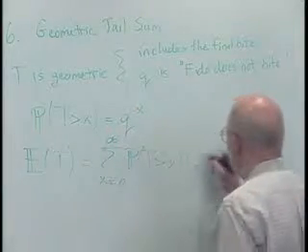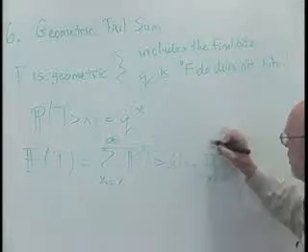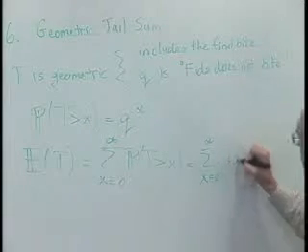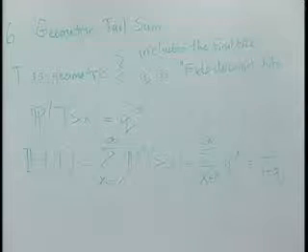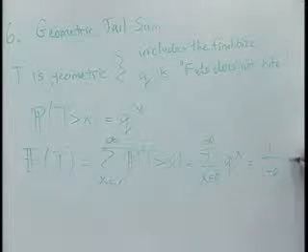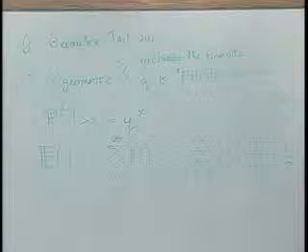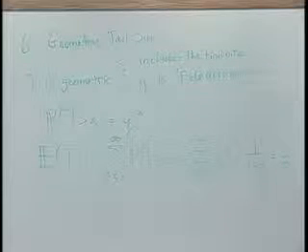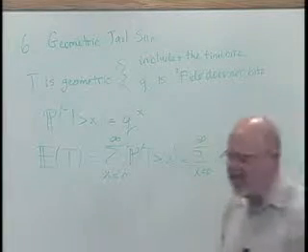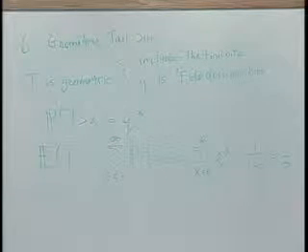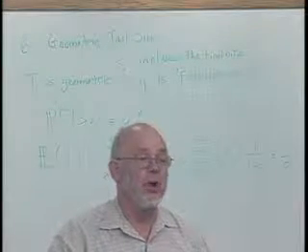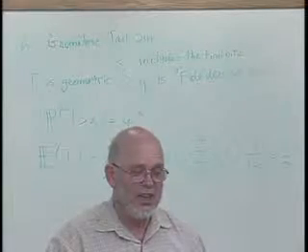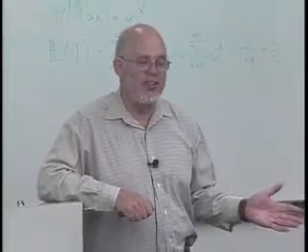And that's the sum from X equals 0 to infinity of Q to the X, which you all know is 1 over 1 minus Q, or 1 over P. So easily proved and easy to remember, too. What this says is if you're going to roll a die and stop as soon as you get a 6, since the probability of rolling a 6 is 1/6, then the expected number of rolls is 6.